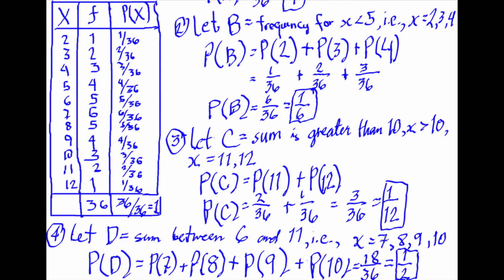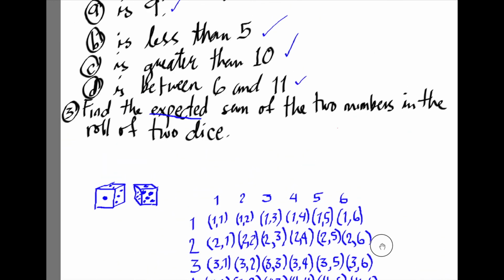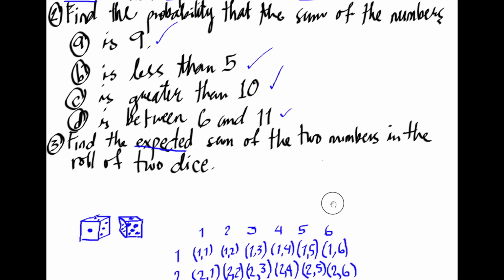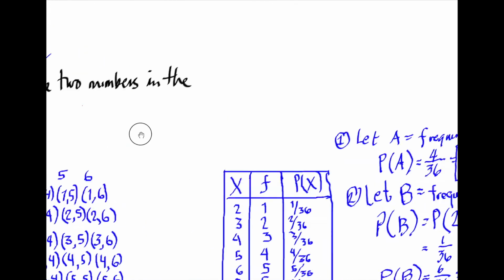Okay, so that's pretty much our answers in number 2, where we find the probability. Let's proceed to finding the expected value. The expected sum of the two numbers is, remember the formula, the summation of all the x sub i's times the probabilities of the corresponding x sub i. So we're going to look at this table again.